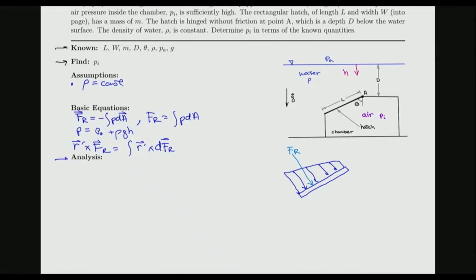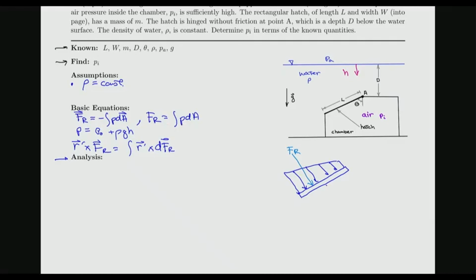You can either indicate it as a uniform pressure, or since it's uniform, we know that if we take the integral for the air pressure, pressure is constant, so it's just pulled out, P times A, right?